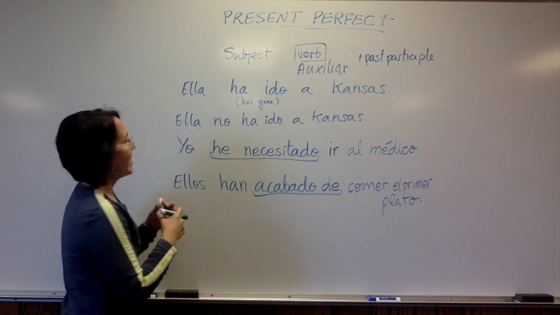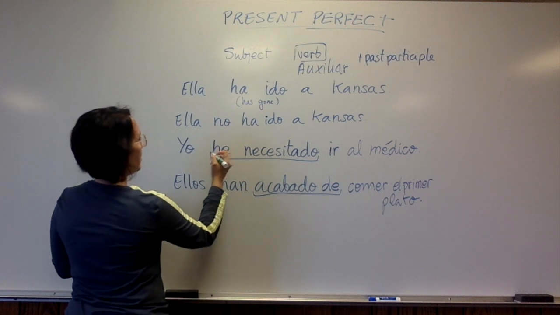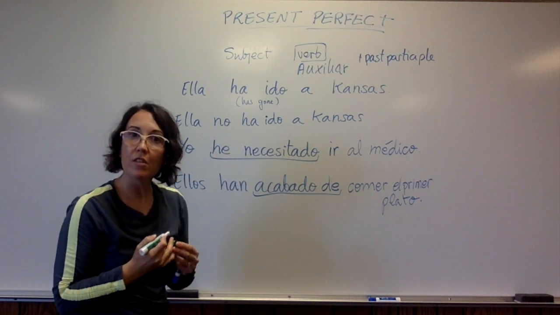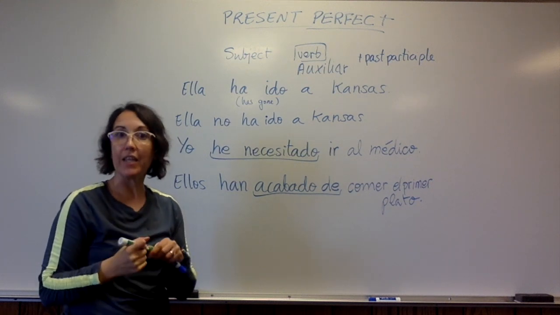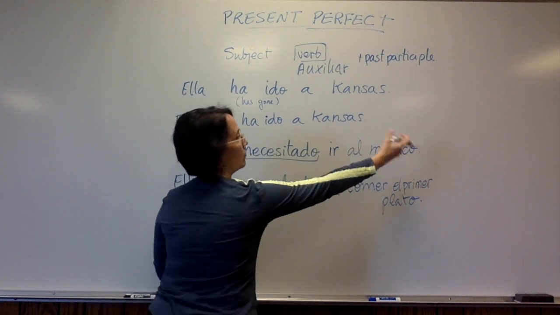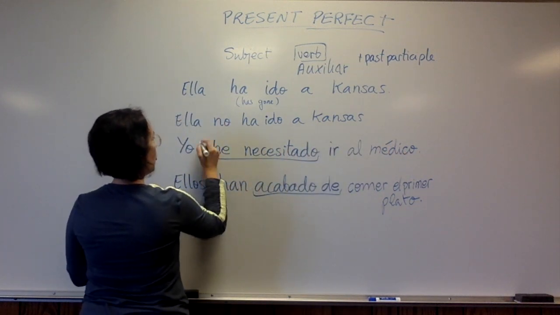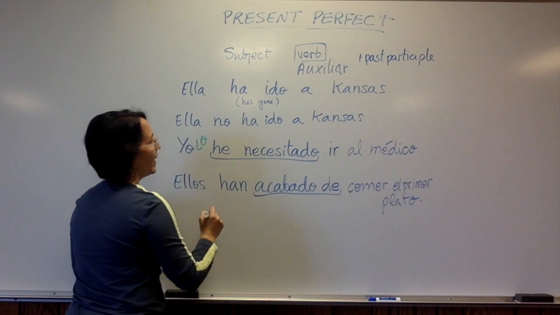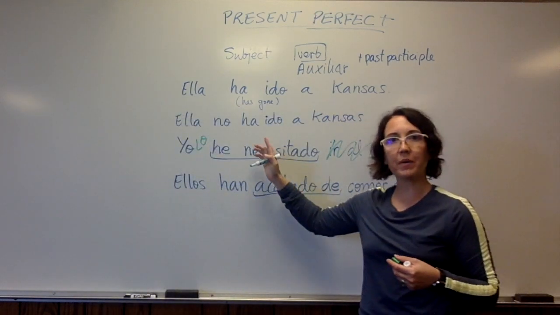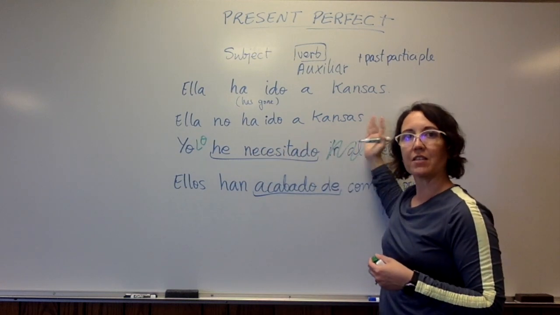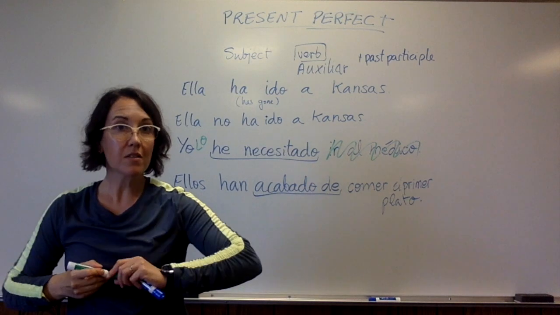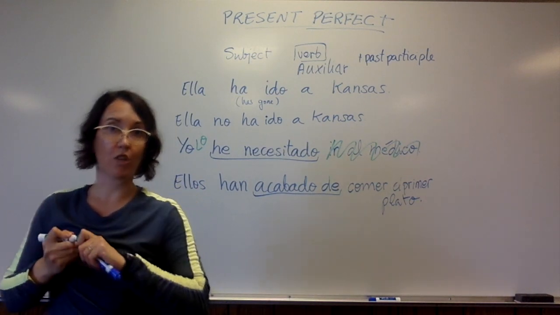And as always, the no before the verb. And if you want to say, I have needed it, and this it meaning to go to the doctor, you can say yo lo he necesitado. And you'll be finishing this when someone is already talking or saying, I have not needed to do this, or I have not needed to go to the doctor.